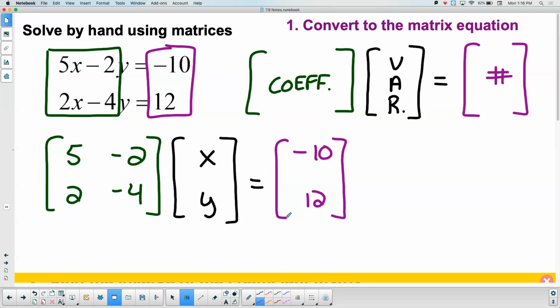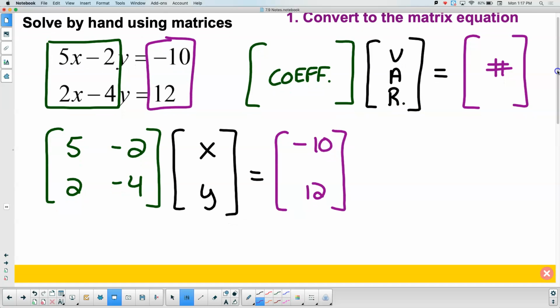So that's the very first thing. We're going to take our system of equations, and this would work on any size system as long as everything is lined up. If it was 3 equations with 3 unknowns and you didn't have a y term in one of them, you'd fill that in with 0, because really it's plus 0y.